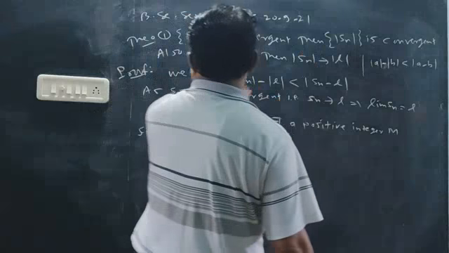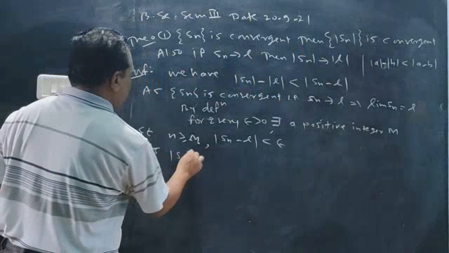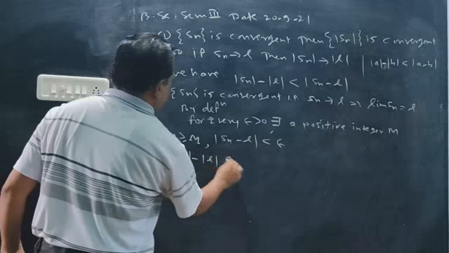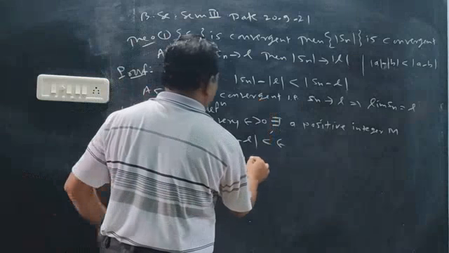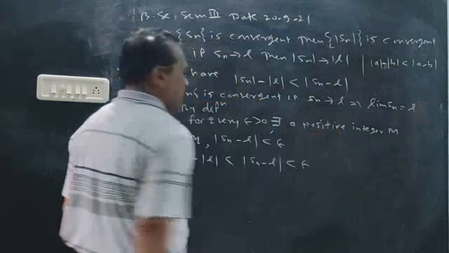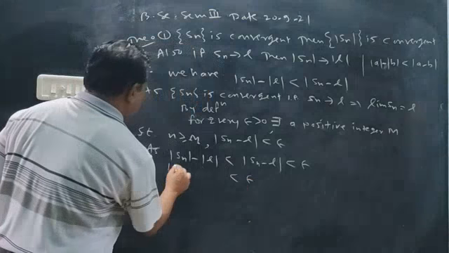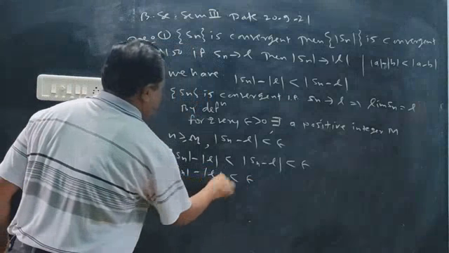Now, mod of Sm minus mod of L is always less than or equal to mod of Sm minus L, and this is less than epsilon by definition. So mod of Sm minus mod of L is less than epsilon.